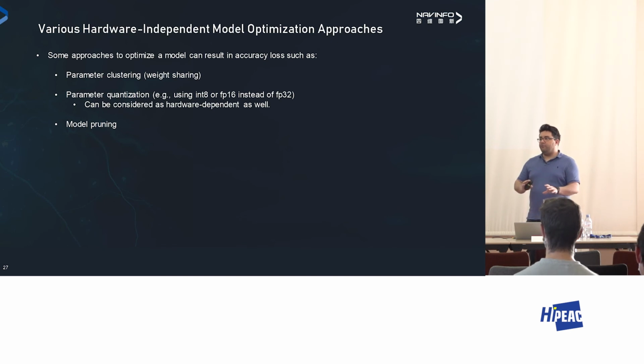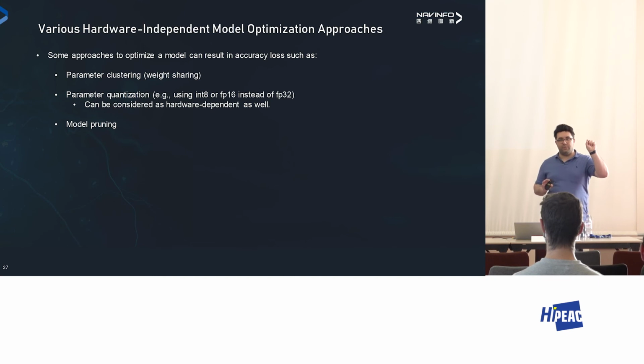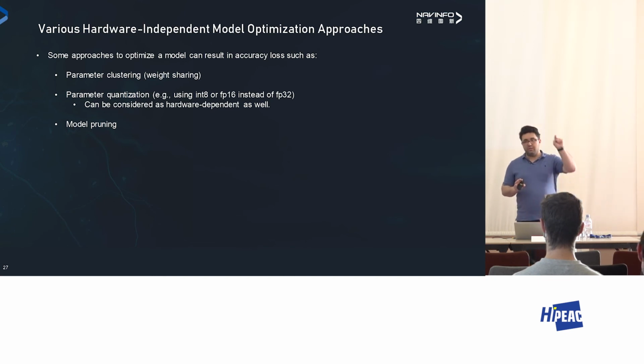What will happen if we just specify 256 or 128 different clusters? Then we only need 7 bits to index to any of these 128 clusters. Then inside the cluster we will have a 32-bit floating point centroid, but we only need 7 bits in order to index which cluster we are referring to.